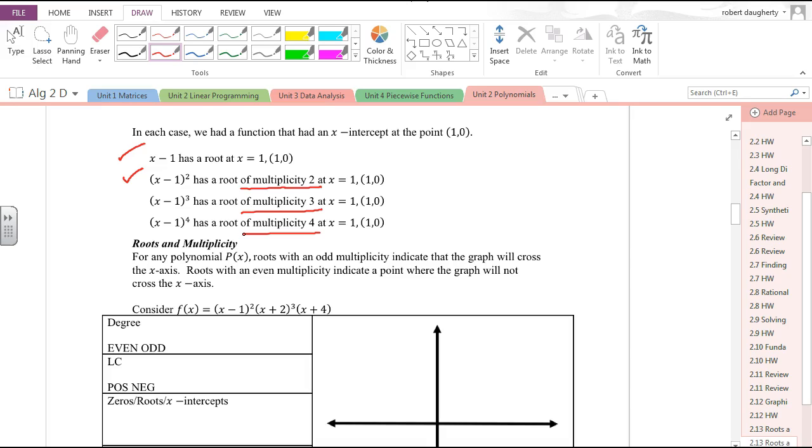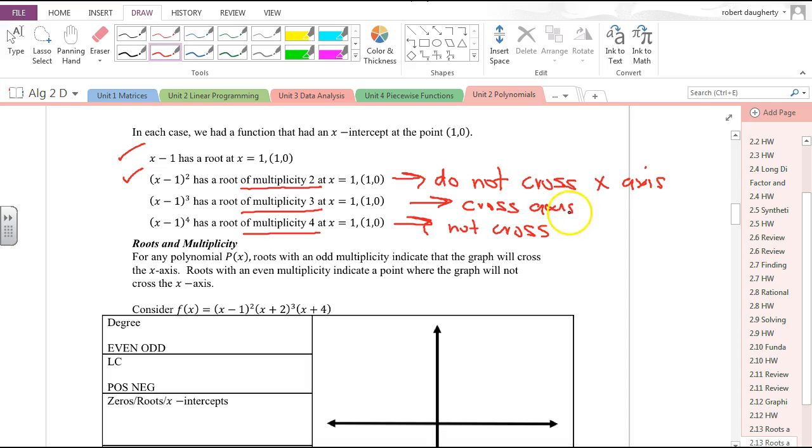When the multiplicity is even, I do not cross the x-axis. When the multiplicity is odd, I will cross the x-axis at that point. So when we look at our polynomials, the multiplicity of the roots tells us the behavior along the x-axis.